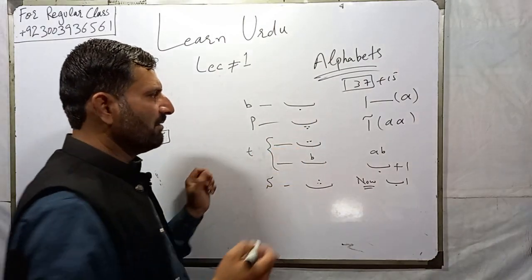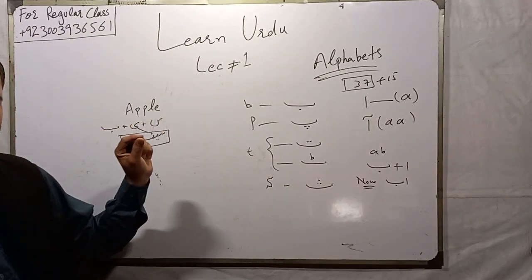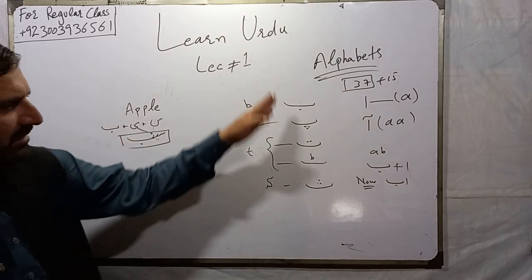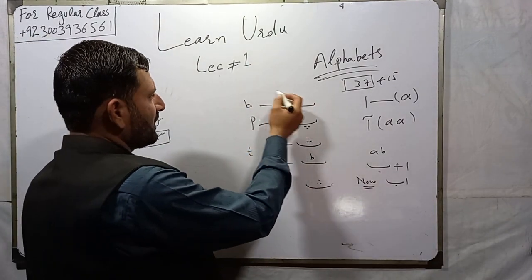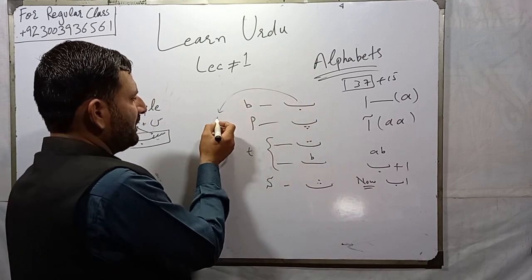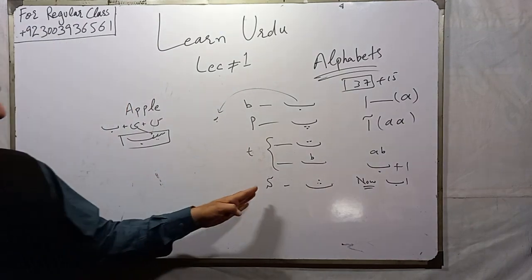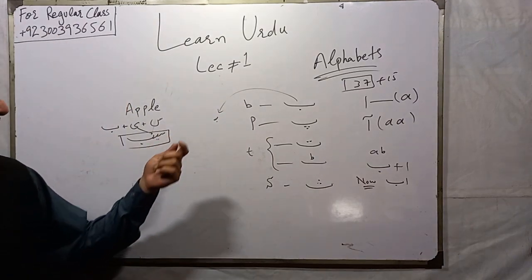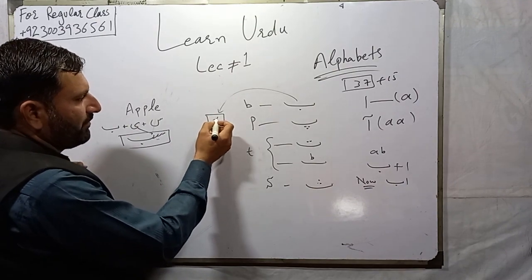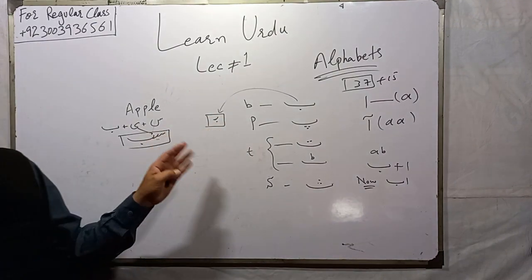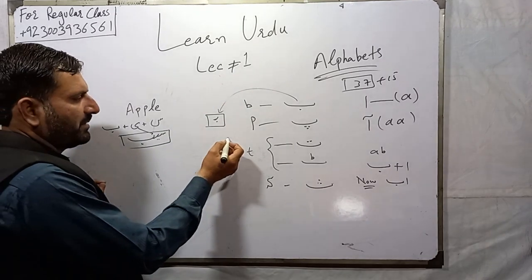Just Be, when we join Be, Pe, Te, Te, Se, it is a whole similar family. So their half shape will be in this form. If we use them in a word, they will be represented in this form. It is the half shape of this family, like in boot.